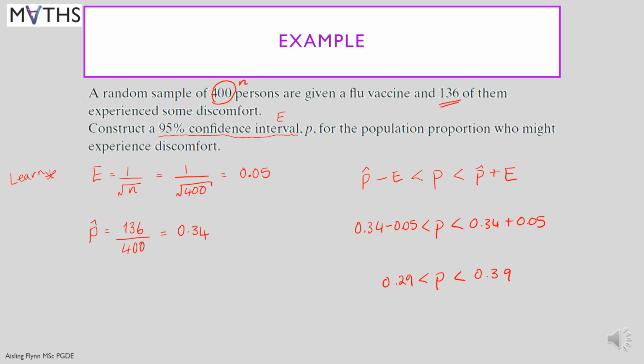Let's change it back into English. We say that somewhere between 29% and 39% of the population, when they roll out this vaccine, will experience some discomfort.